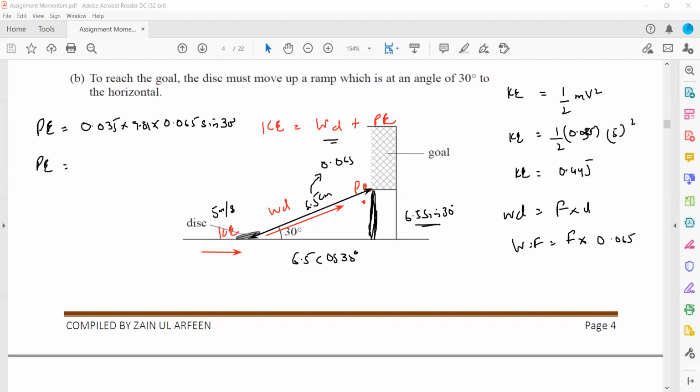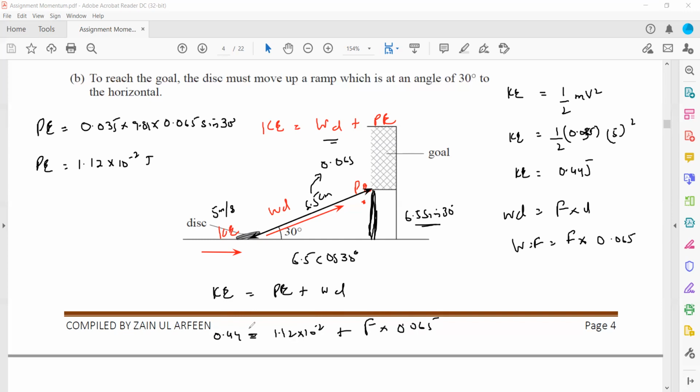When we substitute, the potential energy comes out as 1.12 times 10 to the power minus 2 joules. Now in the equation, the kinetic energy is transformed into potential energy plus work done. Kinetic energy was 0.44. The potential energy is 1.12 times 10 to the power minus 2, plus the work done, that is force times distance, which is 0.065.